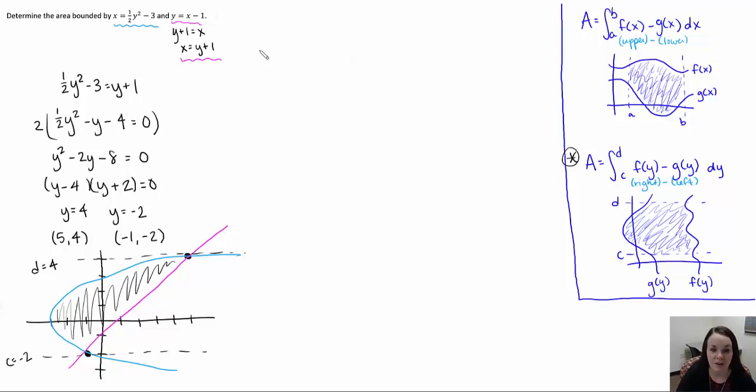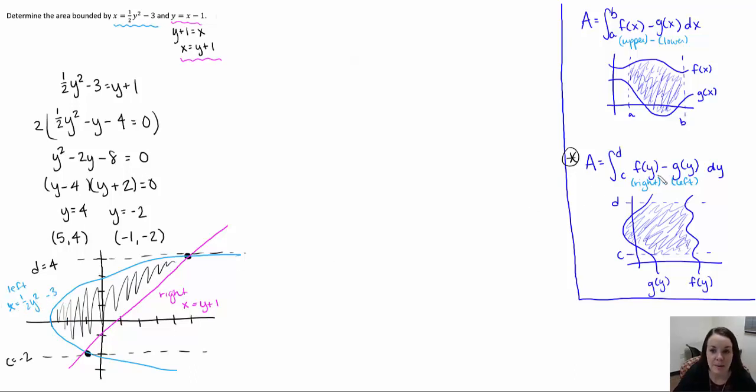And now we follow the function as shown. So my right one is x equals y plus 1, and then the left function is x equals 1/2 y squared minus 3.